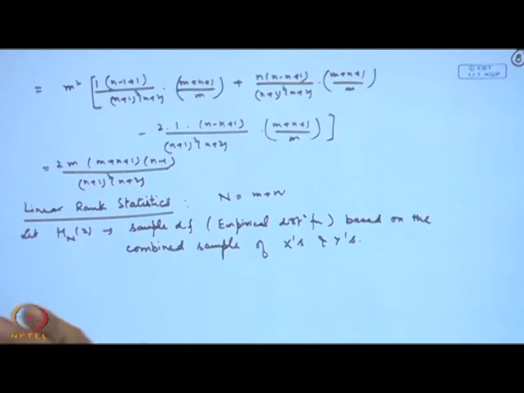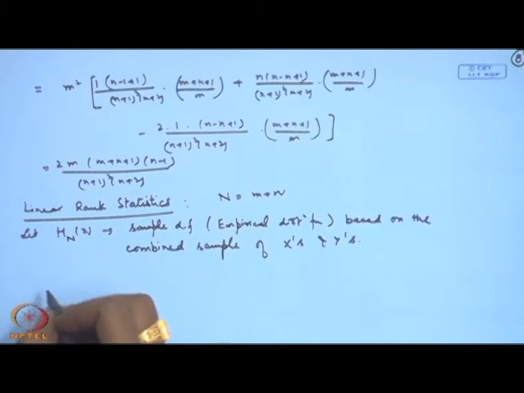That means, I consider all the observations together and then I look at the order statistics of them, not separately. It is not that I write x 1, x 2, x m first and then y 1, y 2, y n. I merge the two and then I consider the full ordering, and from that I define the empirical distribution.